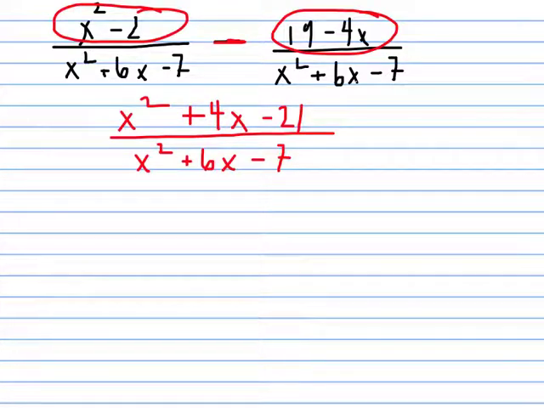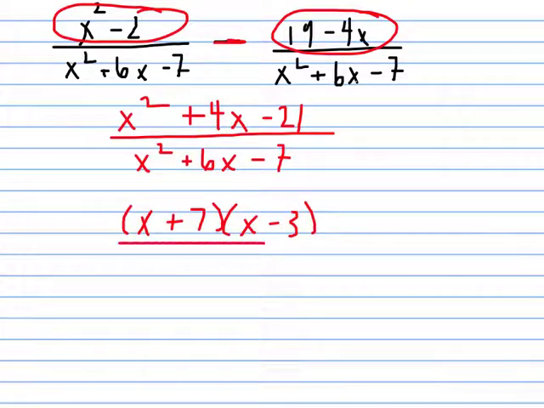So let's go ahead and factor that, just so you can see what would happen. If I factor the numerator, it would be x plus 7 over x minus 3. And if I factor the denominator, I have x plus 7 over x minus 1.